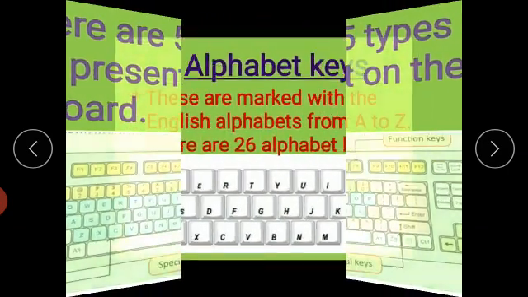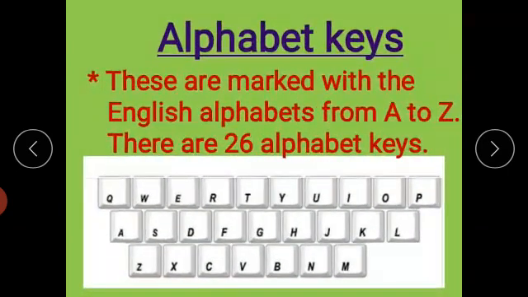Okay, now move on. So the first key is alphabet keys. Look at the children. Look at these, all are keys. Some letters are written over there, na? So many letters are written. Have you seen it? Yes, children. These are marked with the English alphabet from A to Z. Have you remembered A to Z?